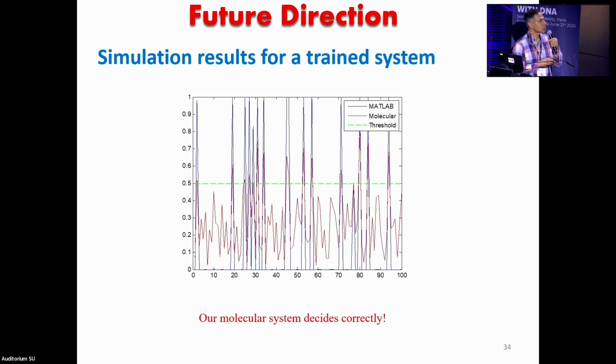And here we use a threshold, for example, 0.5. Always the MATLAB simulation for the perceptron and the output of the perceptron that we implemented by our reactions are matching. Means that they are always either more than half or less than half.